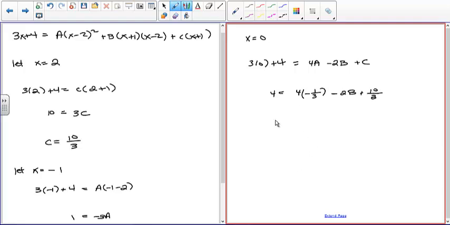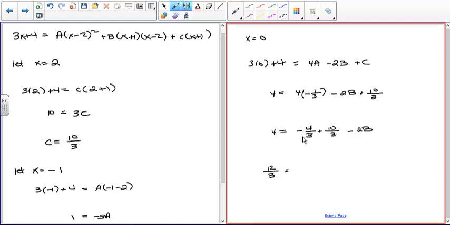10/3. So we'll have 4 is equal to negative 4/3 plus 10/3 minus 2b. 4 is 12/3. If you multiply by 3, divided by 3, you'll get 12/3.